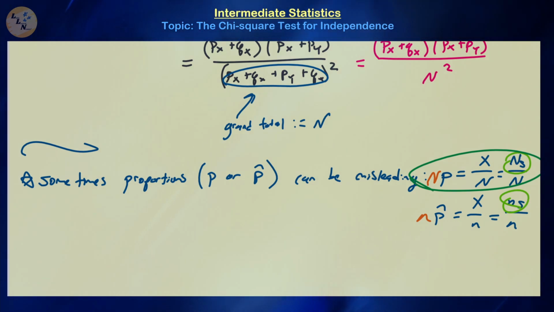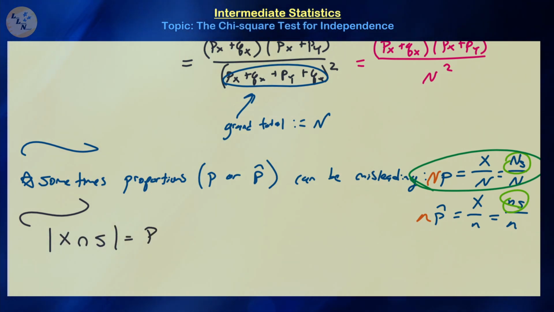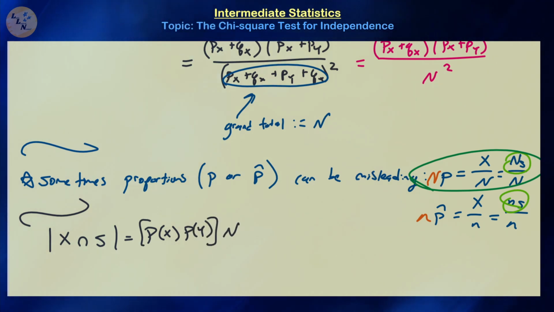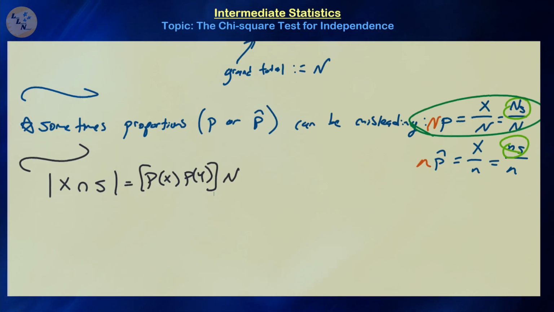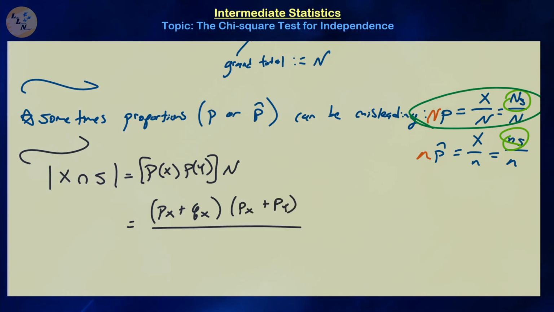So if that is the case, that means the size of x and y is going to be equal to px times py times the population size, or the total number of occurrences. So that's just going to be equal to (px plus qx) times (px plus py) all over n.